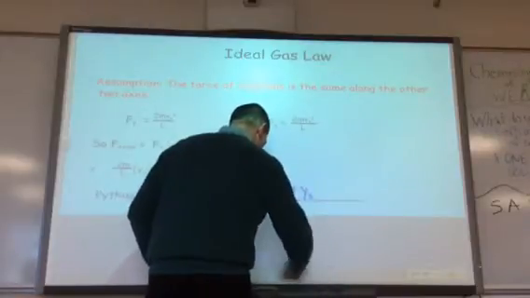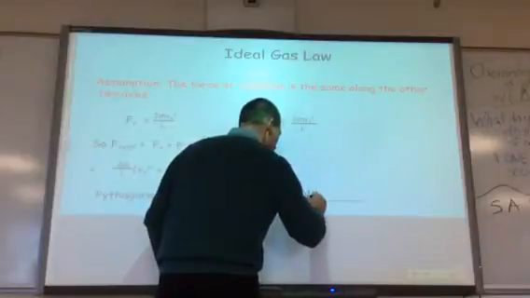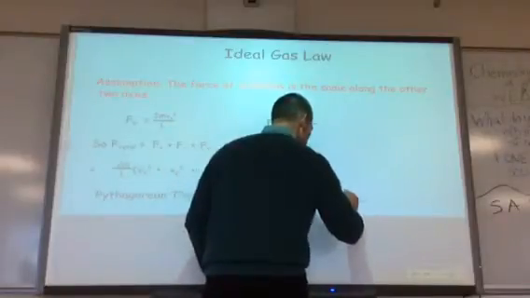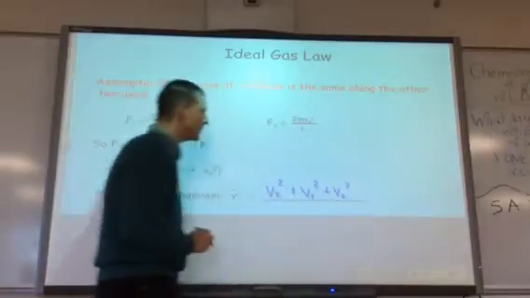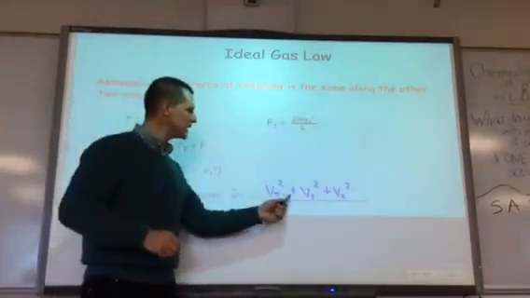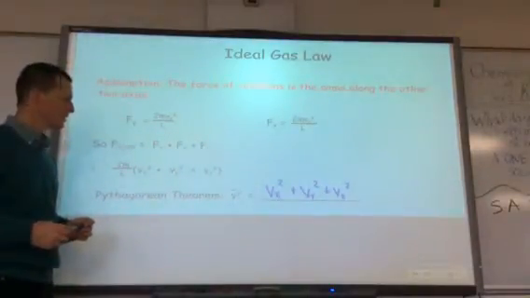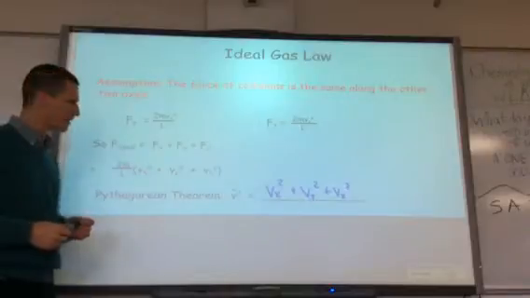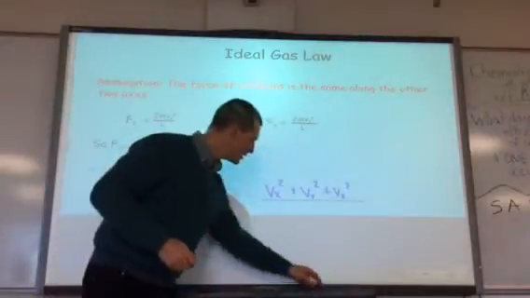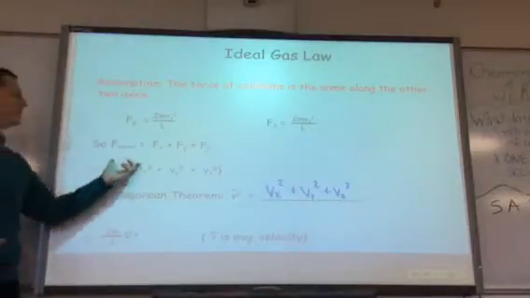So the overall velocity squared for this thing is Vx squared plus Vy squared plus Vz squared. And that means we can clean this whole thing up.